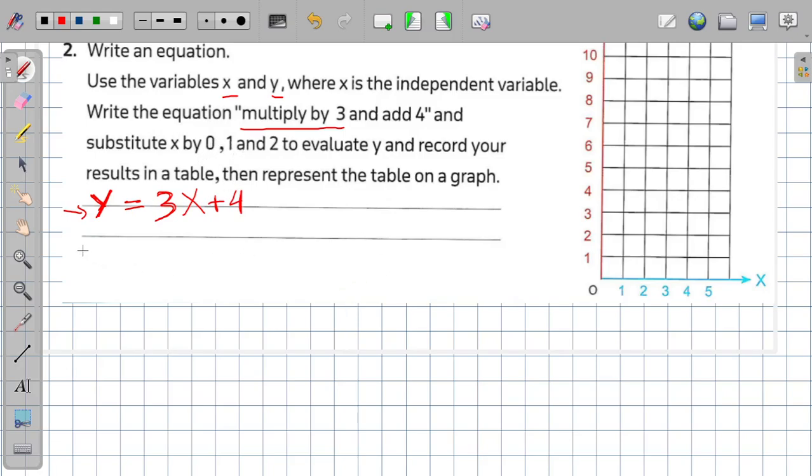So I will draw the table directly like this.